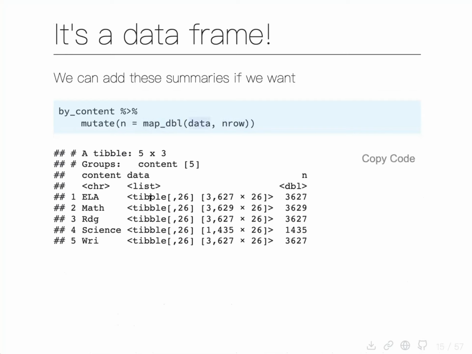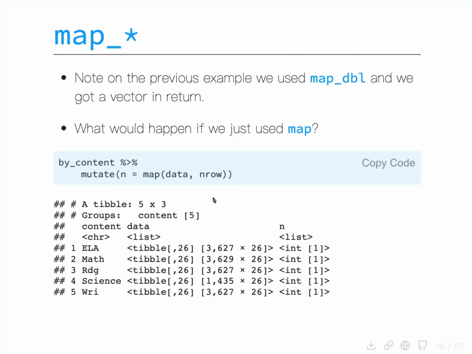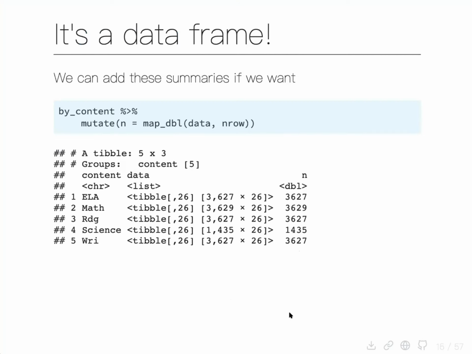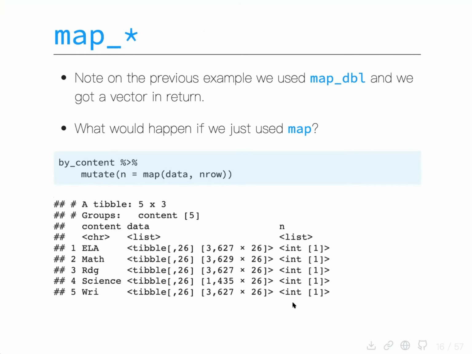In this case, we're doing the exact same thing. Notice the return is just an integer of length 1, but it returns a list, and this list is not really very helpful, right? This is not nearly as helpful as this, because here we can actually just see those values. It's part of the data frame, whereas here we end up with the list column where it's just not super transparent what is in those things.